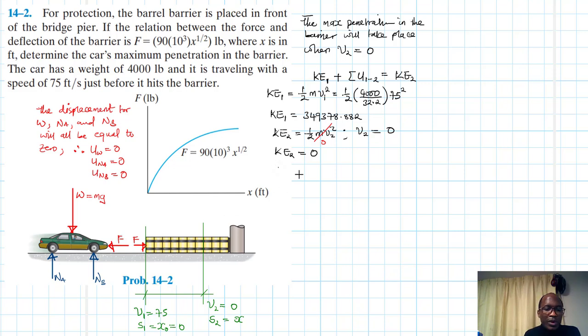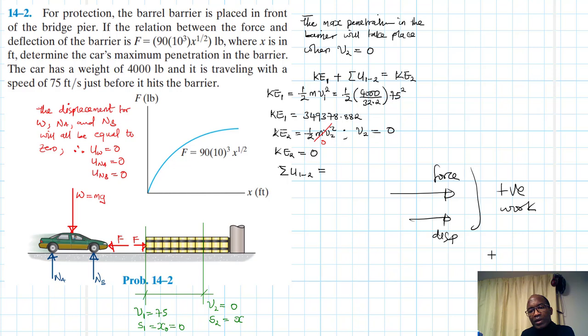Alright, and then our summation of the total work from point 1 to point 2 is just going to be equal to, let's look at the direction. When the force and the displacement are in the same direction, we have positive work.